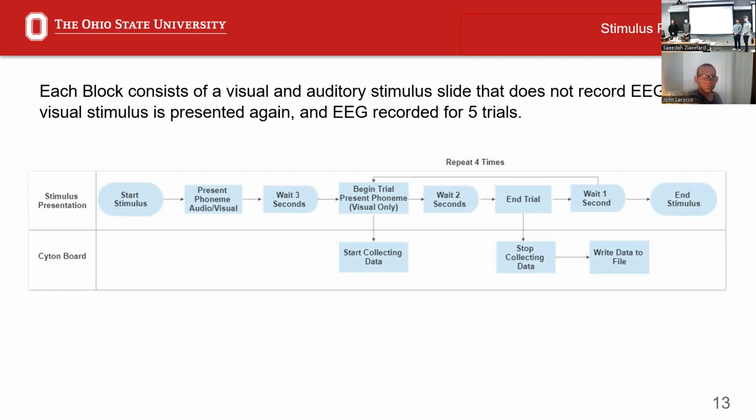Each trial lasts 2 seconds with a 1 second wait period in between. When the trial starts, the OpenBCI is triggered to start collecting data. And when the trial ends, when 2 seconds is up, it just sends a signal to kill the trial. This has led to some problems that I'll discuss later on.